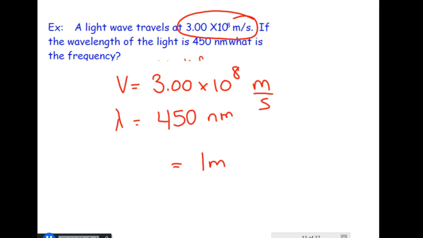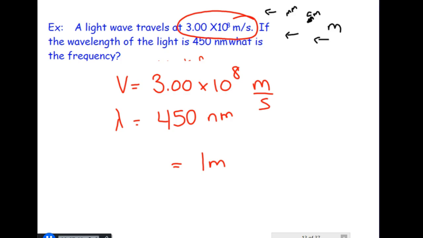Oh, metric review alert. Okay, so we have a base unit here. If we go this way, we get to millimeters. What's after millimeters? Centimeters. Oh, sorry, this is centimeters, and this would be millimeters.